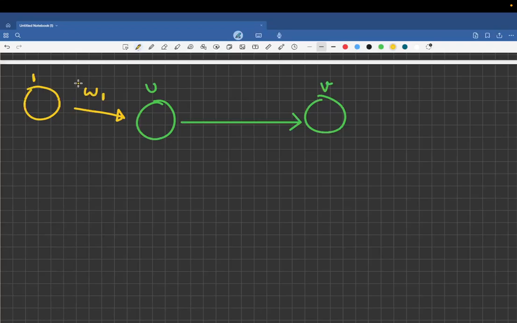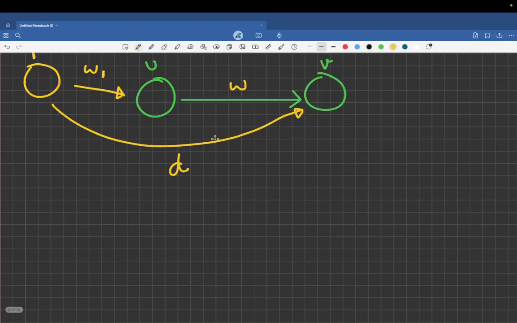And from node 1 to node V, the minimum cost is D. And the weight of this edge U to V is, let's suppose, W. Okay, let's suppose these are the scenarios.